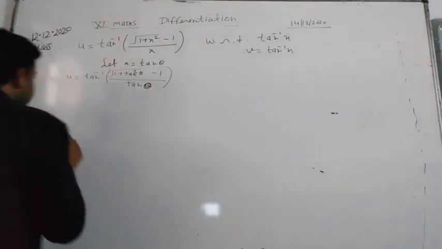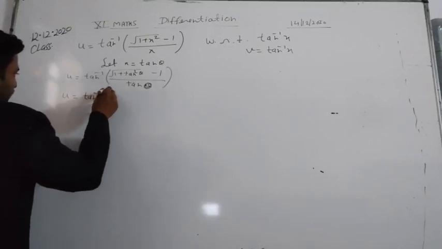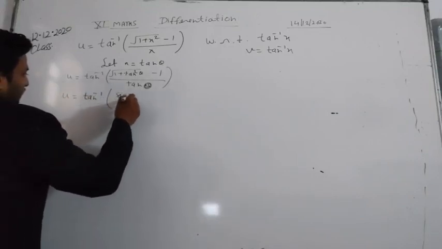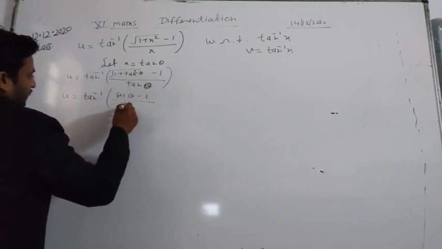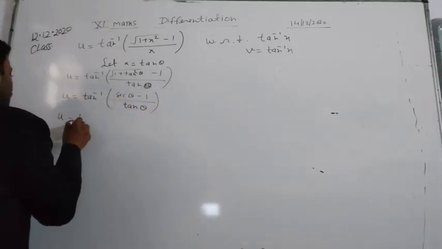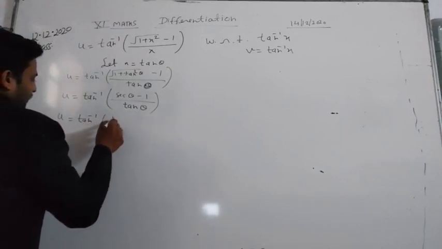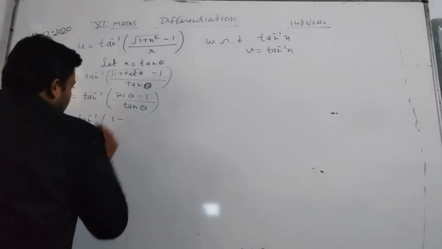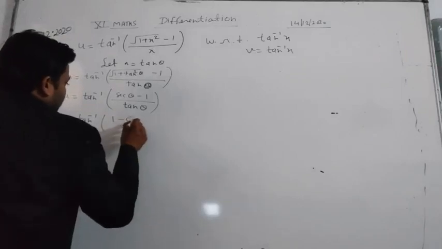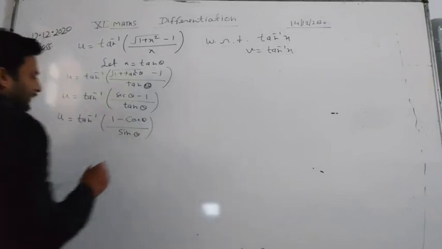Okay, now u is equal to tan inverse of sec theta minus 1 by tan theta. Okay, so u is tan inverse, and this can be written as 1 minus cos theta upon sin theta.